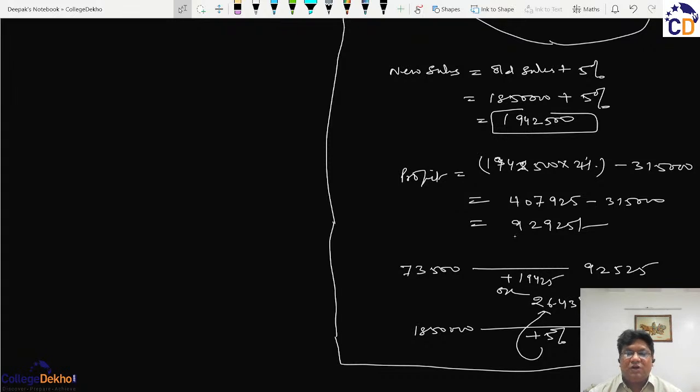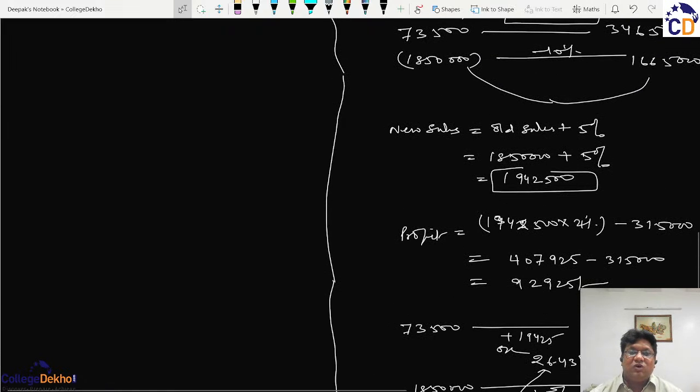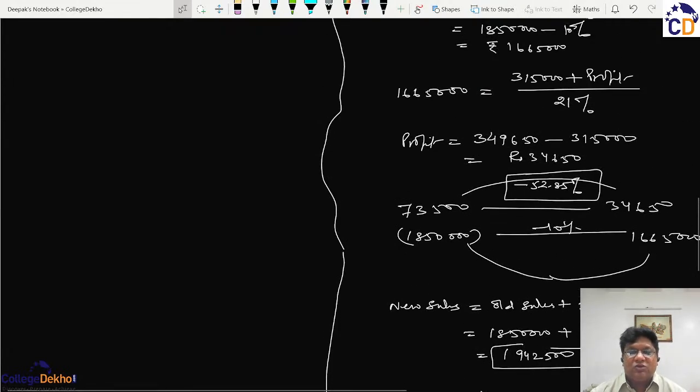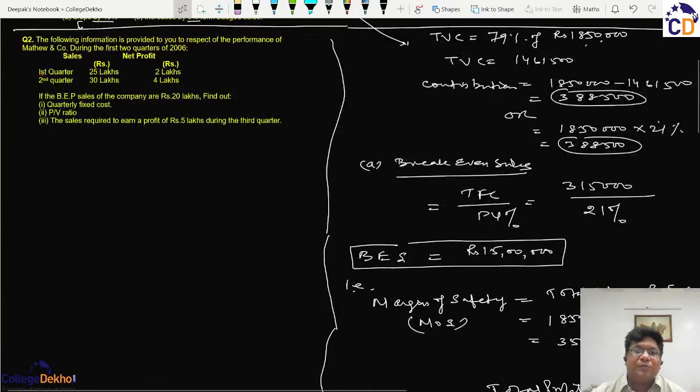So this is very important: once you are after the break-even stage, your every step should result in the increase in the sales so that the profit increases hugely.